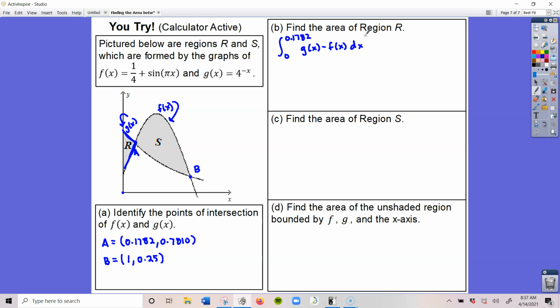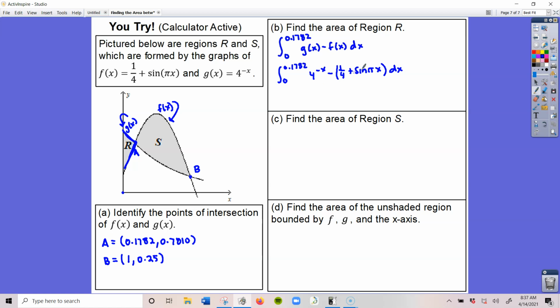Now I'm going to plug in what g of x and f of x is equal to, so I can make sure to input this into the calculator correctly. So this is from 0 to 0.1782 of g of x, which is 4 raised to the negative x, minus f of x, which is 1/4 plus sine of pi x.